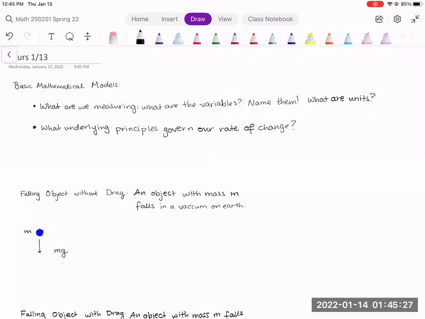We are going to try and translate the underlying principles into our variables. And we are going to check that our units make sense.